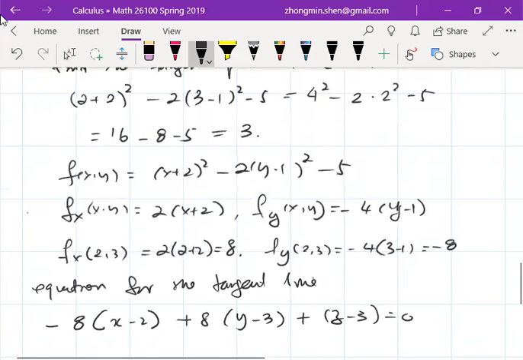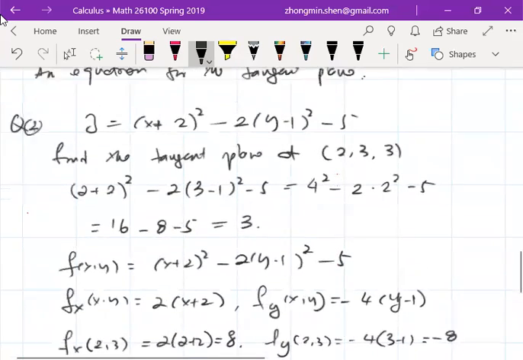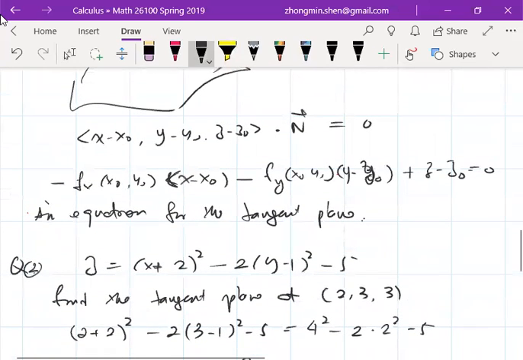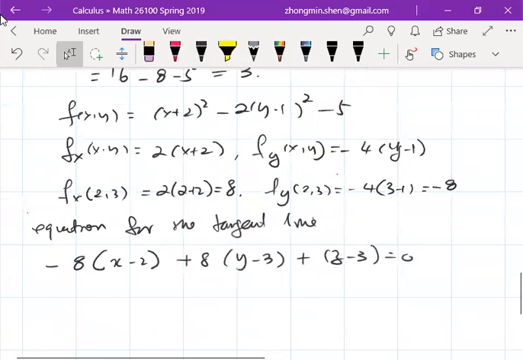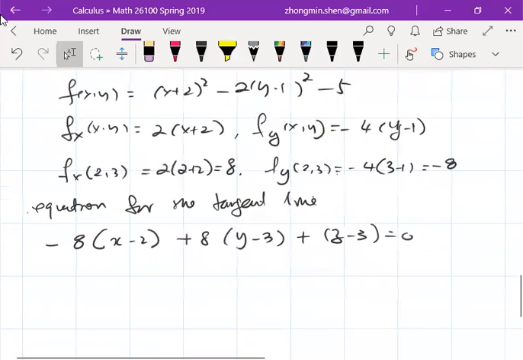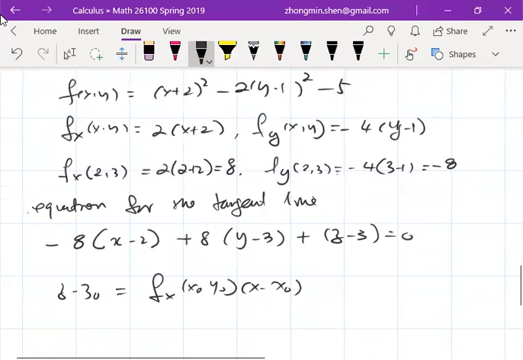Why this positive 8? Because look at this formula here. In the book, they move all the terms to the right-hand side, okay? Another version of the tangent equation is going to be z minus z0 equals fx times x minus x0 plus and so on.